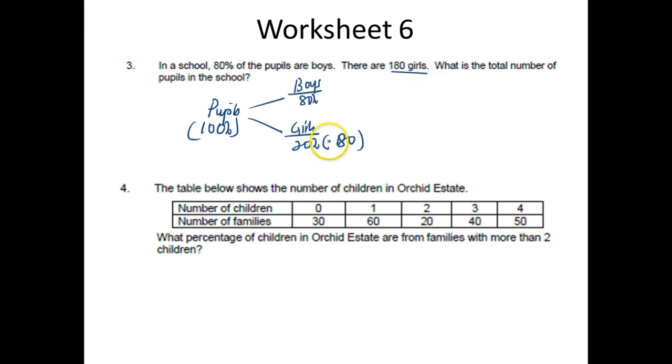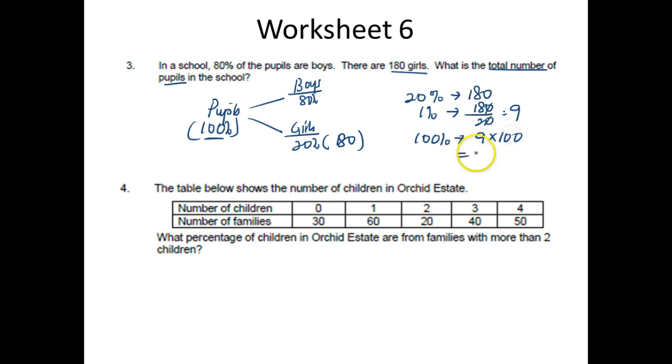So 20% is your 180 girls. What is the total number of pupils? So I want to find 100%. So 20%, 180 pupils. 1% will be 180 divided by 20, which gives me 9. Find 100%. 9 times 100 is 900 pupils.